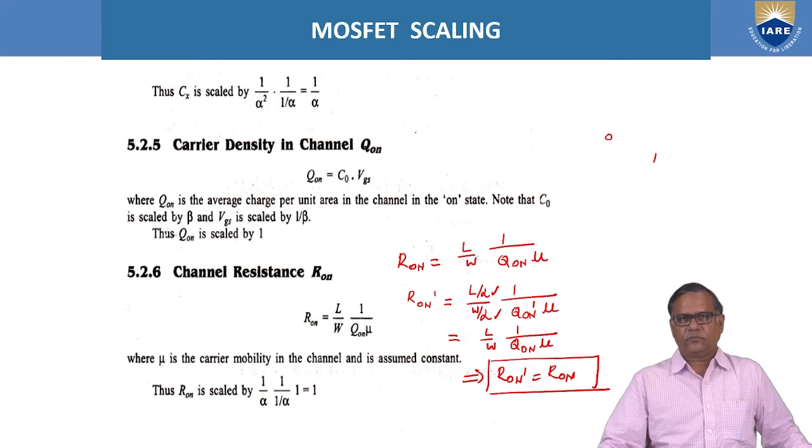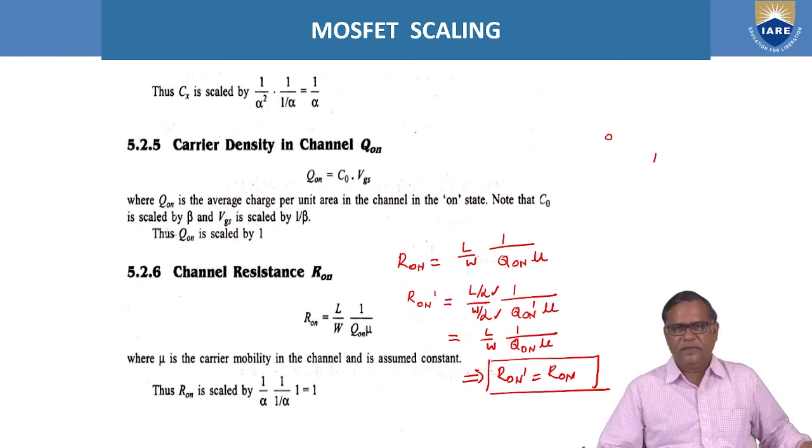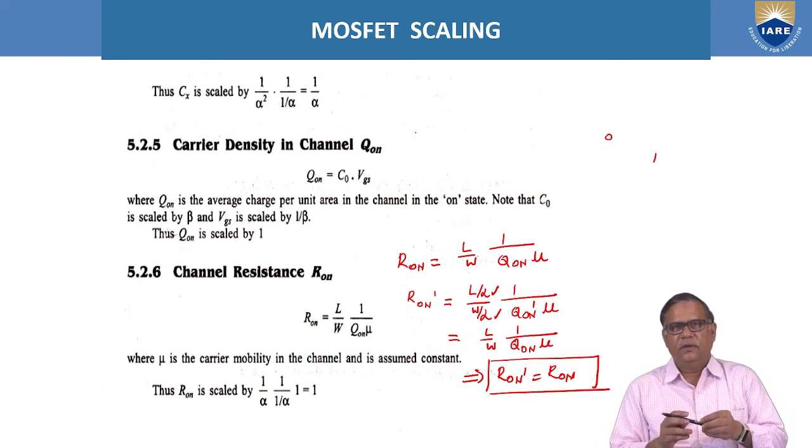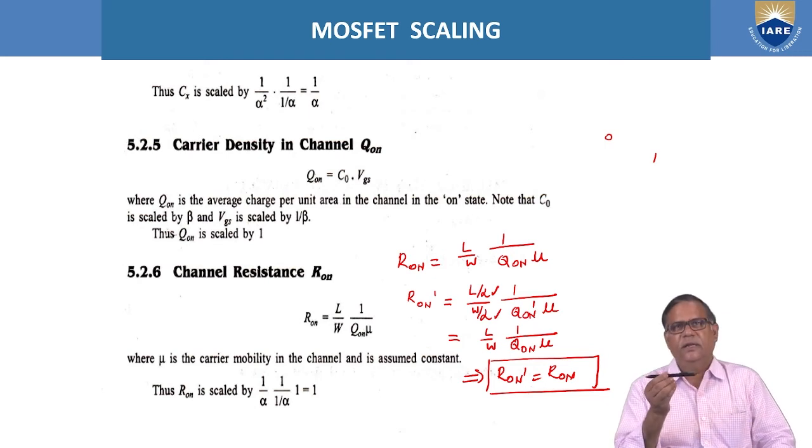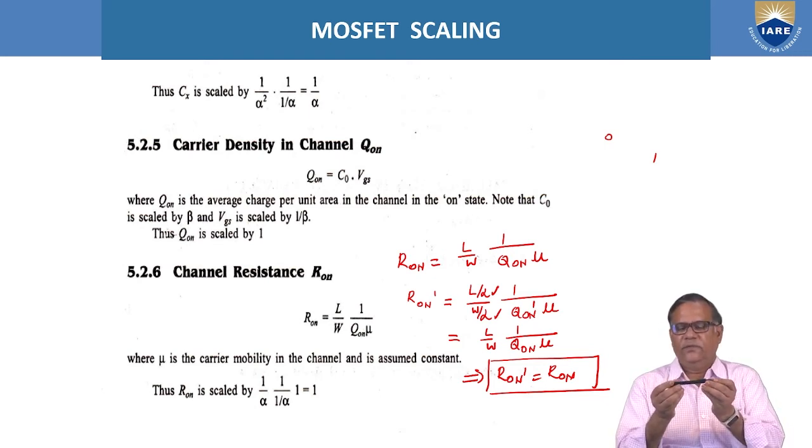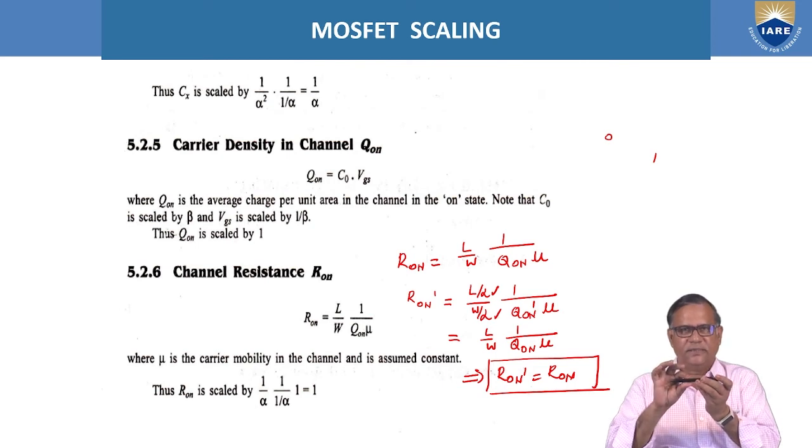Let me explain it more logically. If this is the channel, what is the property of the physical material? When you reduce the length, naturally the resistance reduces. But when you reduce the thickness, the resistance increases. So if you think that this is the channel, the channel length L is getting reduced because of scaling. L becomes L by alpha.